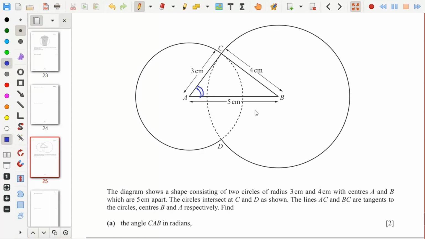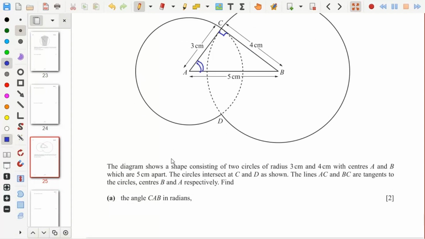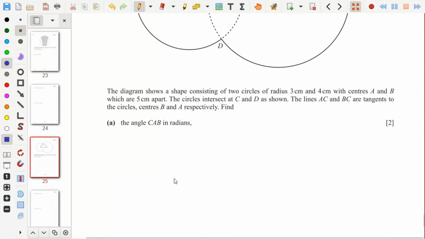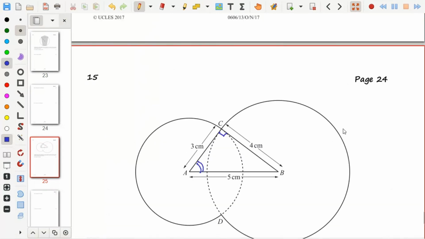The angle here. Okay. Now, if they are tangent, the radius and this tangent meet at what? 90 degrees. So I can use the tan ratio to find the angle at A. We can use tan of the angle CAB is equal to 4 on 3.